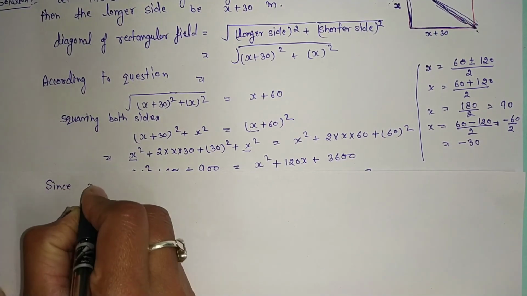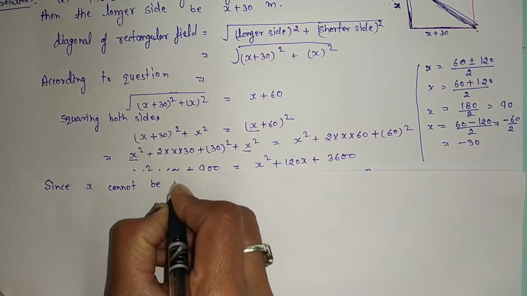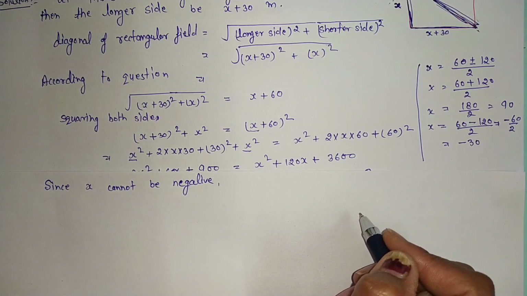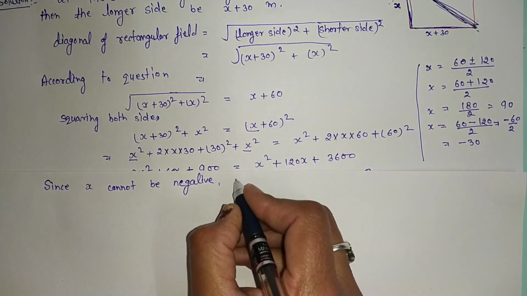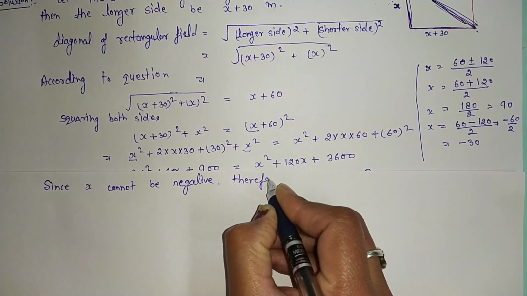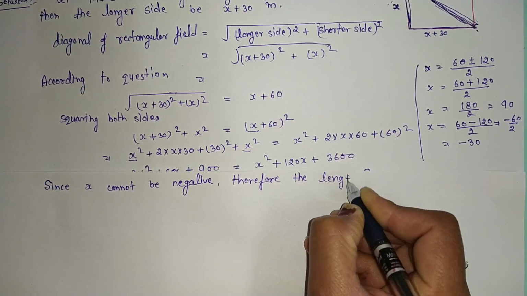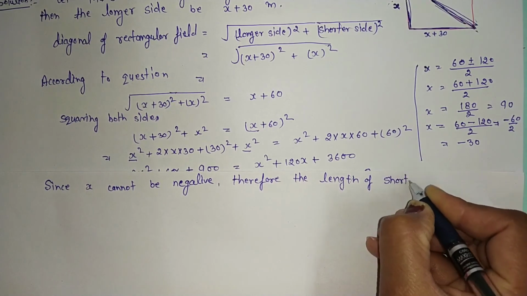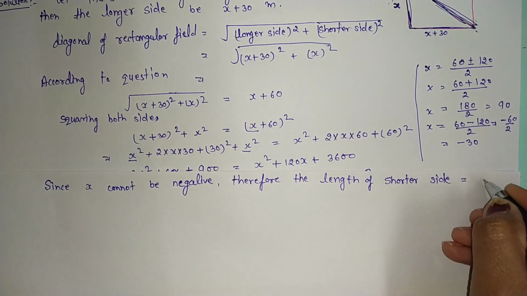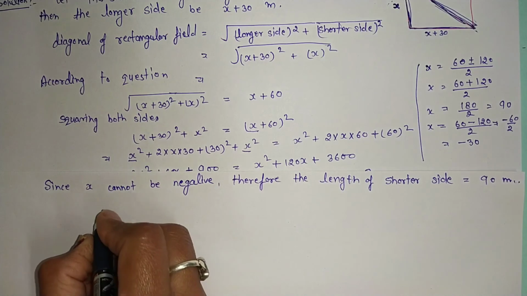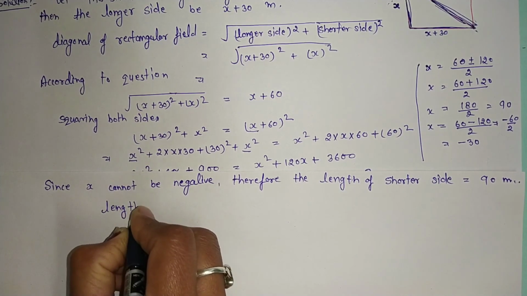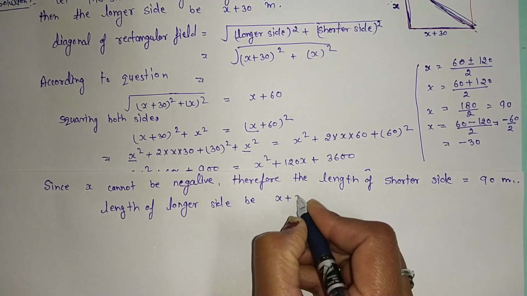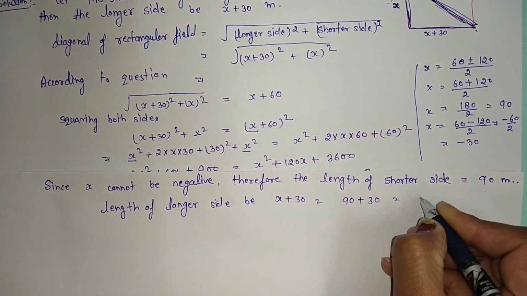Since x cannot be negative because x is a length, therefore the length of the shorter side is equal to 90 meter, and the length of the longer side will be x plus 30, that is 90 plus 30, which is 120 meter.